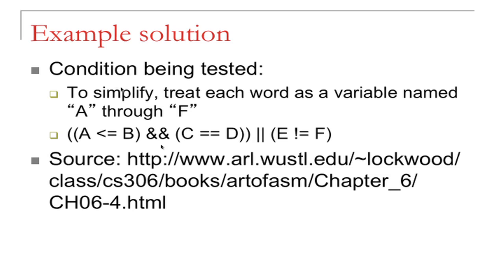And we'll do an operation on these two conditions. So that's the logical AND. And the third condition we check is the equality between E and F, and we are looking for not equal. And after that, we'll do a logical OR on these.